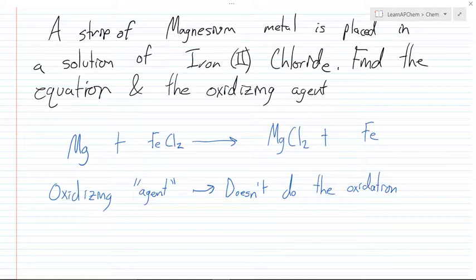So to think about this a little better, you want to think about your travel agent. Who is doing the traveling? Are you doing the traveling, or is your travel agent doing it? It's sort of the same thing. The oxidizing agent isn't doing the oxidation, and your travel agent isn't doing the traveling.